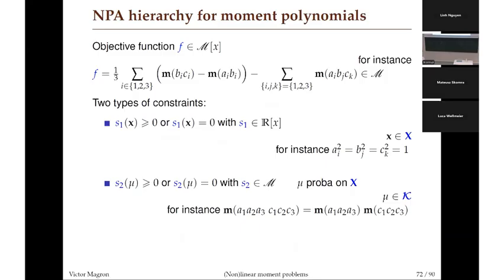There are the constraints on the variables themselves, so that they must be binary: a square equal b square equal 1. But there are also constraints on the moments. It means that you also have polynomials describing the moment constraints, these factorization constraints here. So you have two semi-algebraic sets, one for the variables and one for the moments.